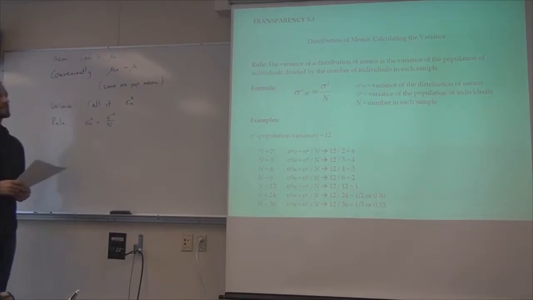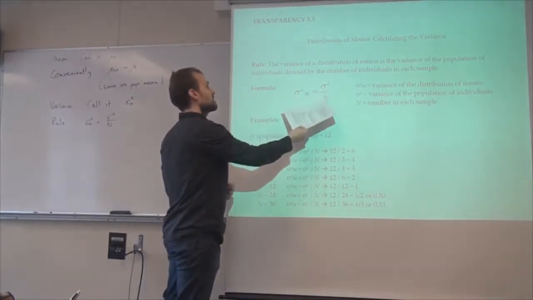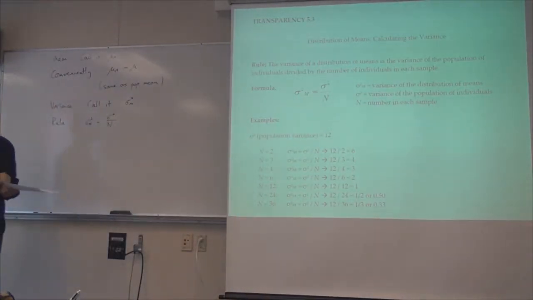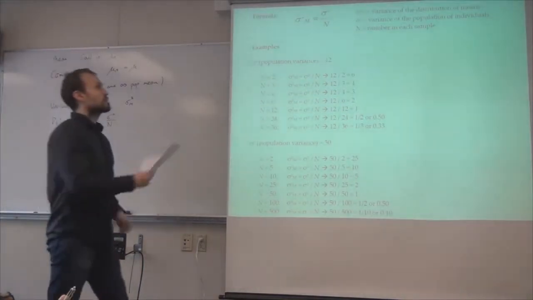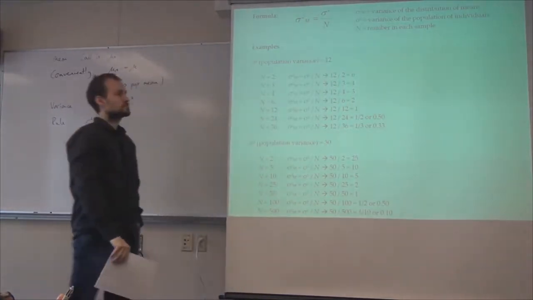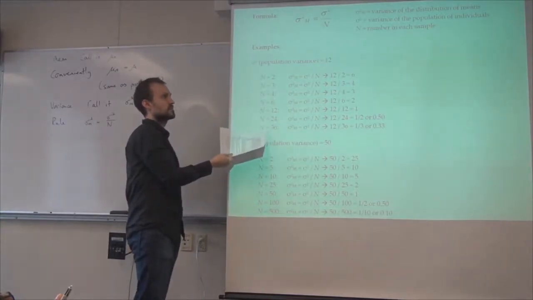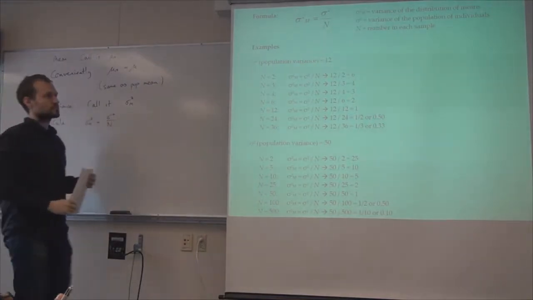So if I have to calculate the variance, I take the population variance and divide it by the sample size, the number in each sample. Let me leave the formula out there. If my population variance is, let's say, 12, just picking nice numbers, then depending on the sample size, the variance for the distribution of means will be different.